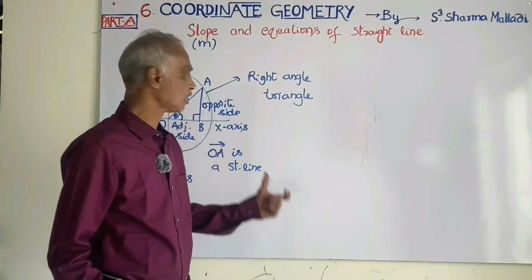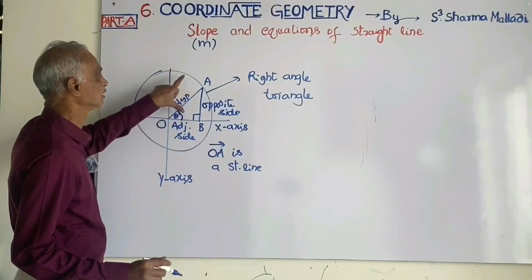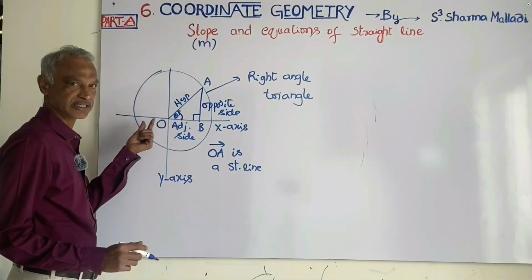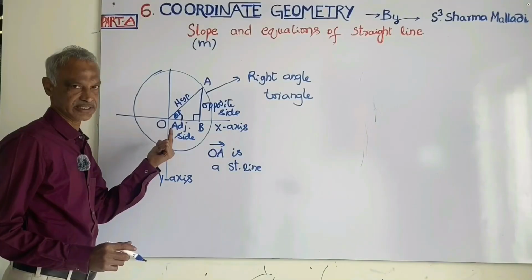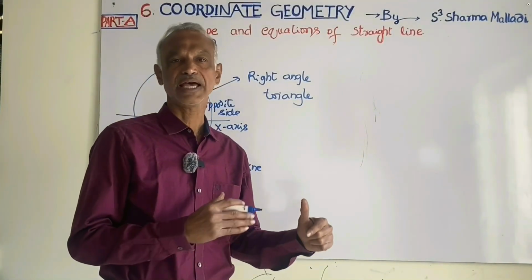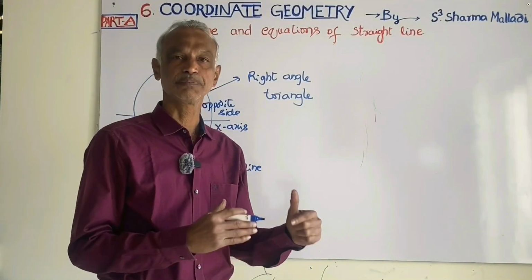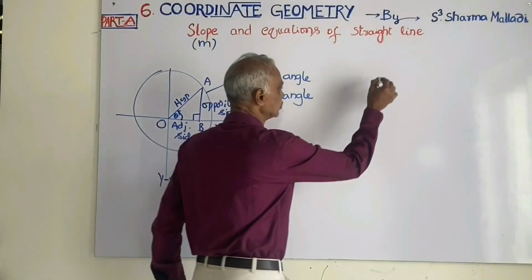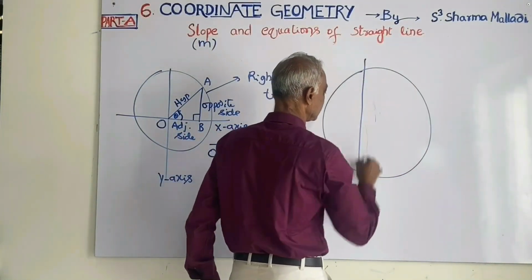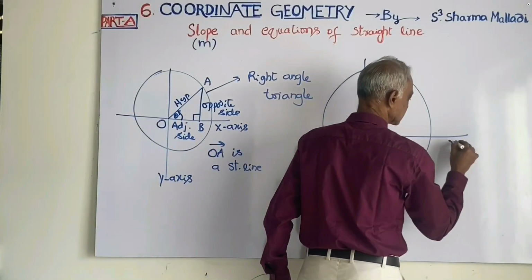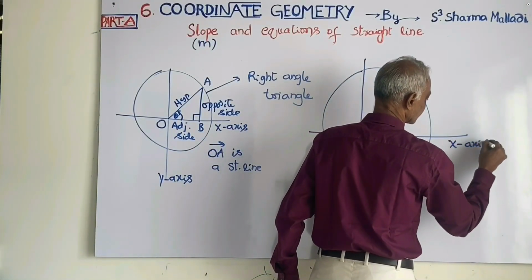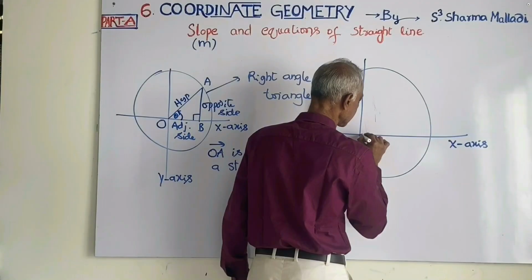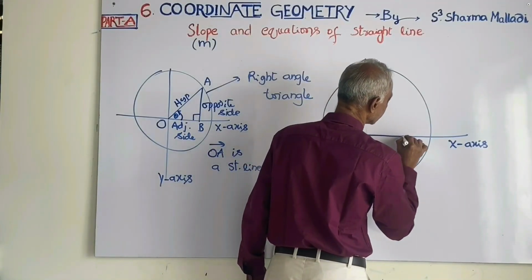I will explain how the opposite side is increasing and the adjacent side is decreasing when the angle is increased. Slope depends on the angle and also on the opposite side and adjacent side. If you see this figure, you can understand very easily. Suppose this is the x-axis. Think of this as a road.